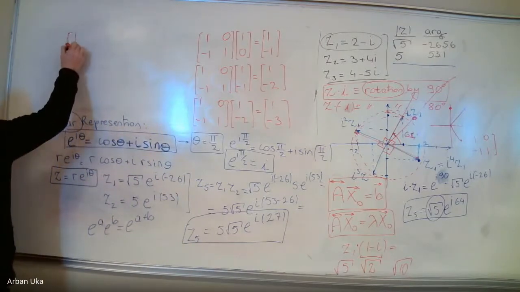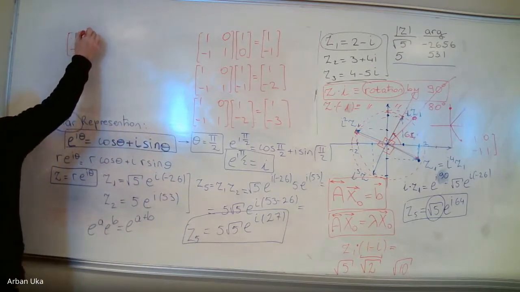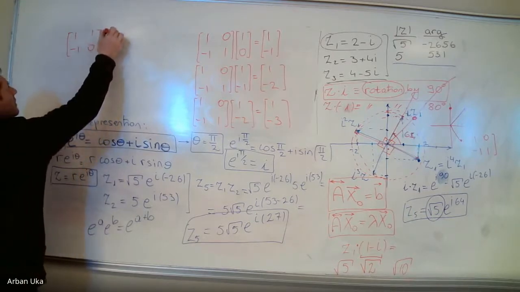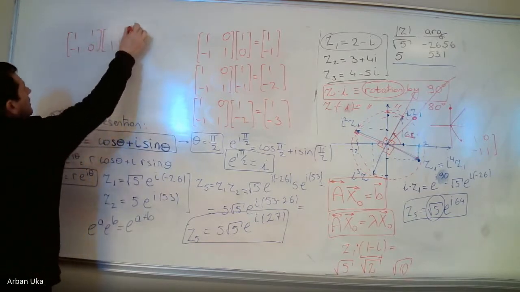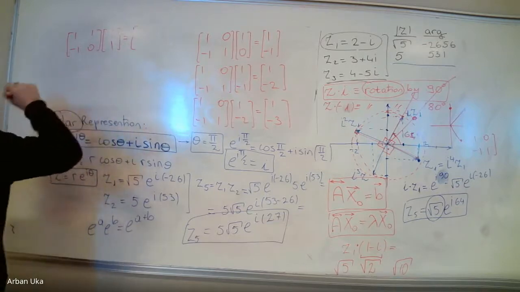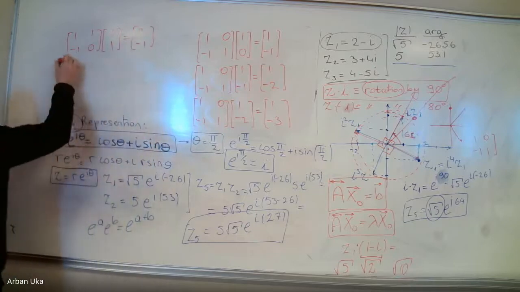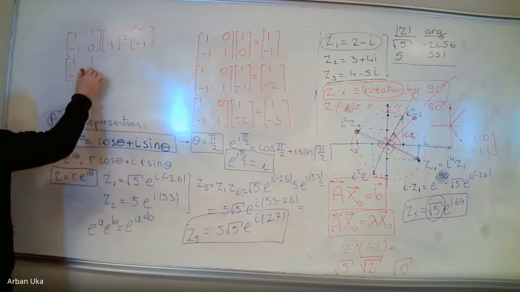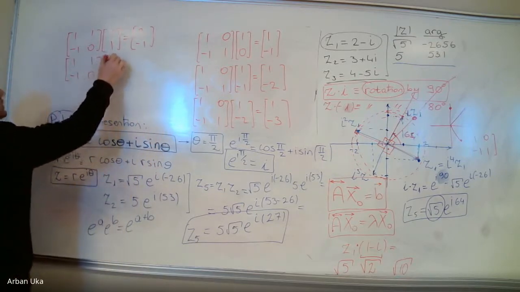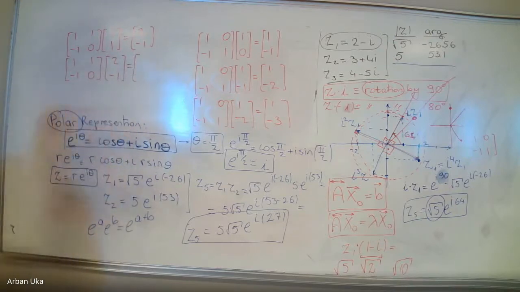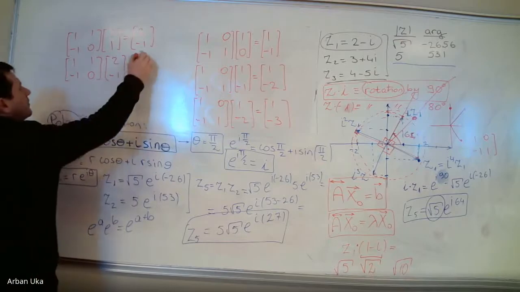Let's try this one, 1 minus 1, 1, 0. Let's multiply this with 1, 1. What do we get? This is 2 minus 1. 1 minus 1, 1, 0 times 2 minus 1. What is this? This is equal to 2 and 1.